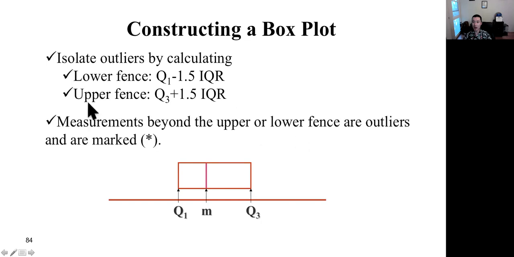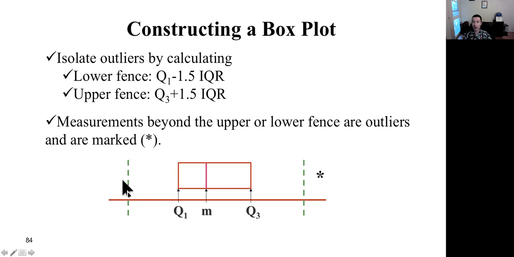Okay, so first we need to isolate the outliers by calculating the lower fence. The outliers are defined as the values smaller than the lower fence, which is Q1 minus 1.5 IQR, or all the values larger than the upper fence, which is Q3 plus 1.5 IQR. So these are the fences, the green dotted lines.